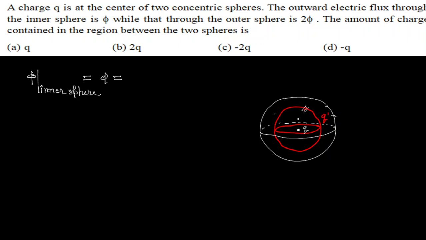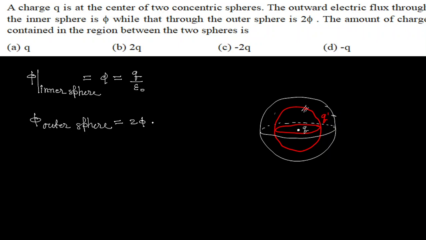According to Gauss law, the total enclosed charge within the inner sphere is Q, so phi is Q divided by epsilon naught. And what will be the flux through the outer sphere? In this case, it is written 2 phi.